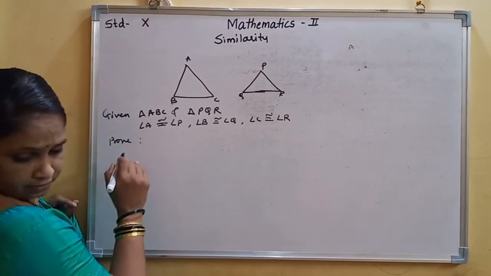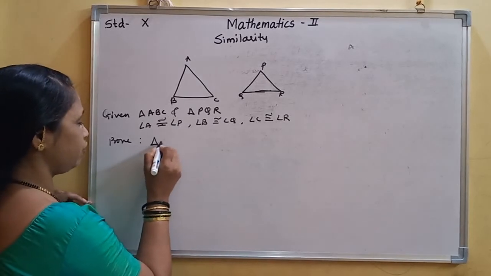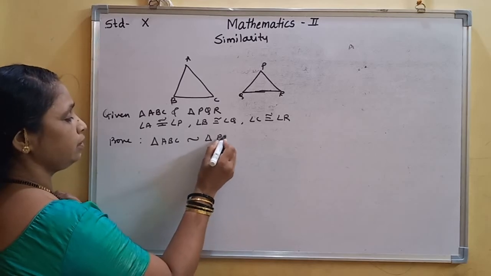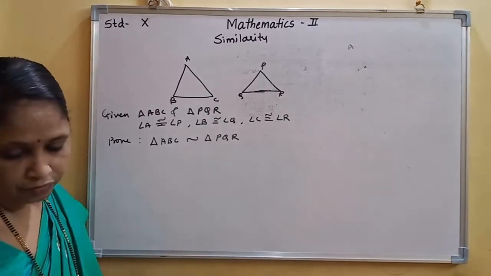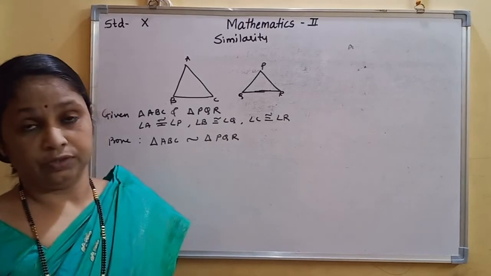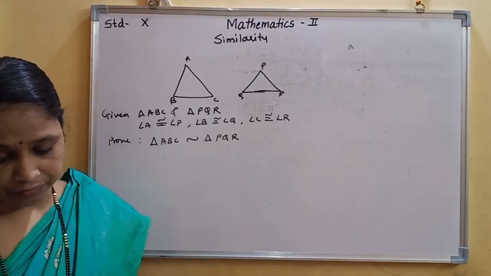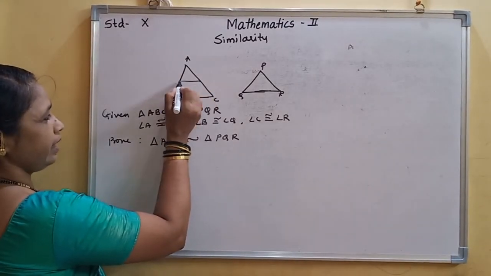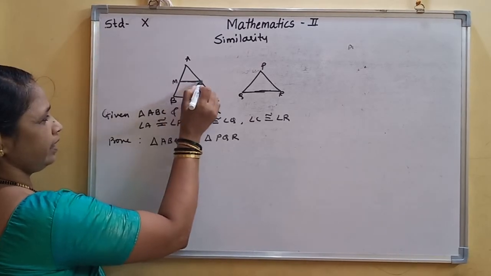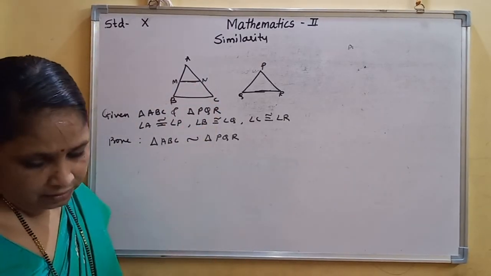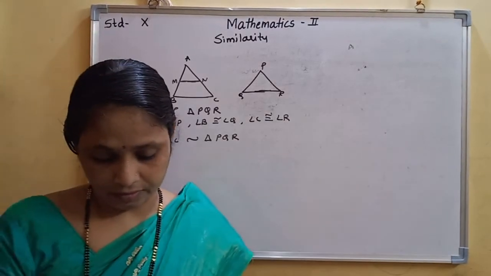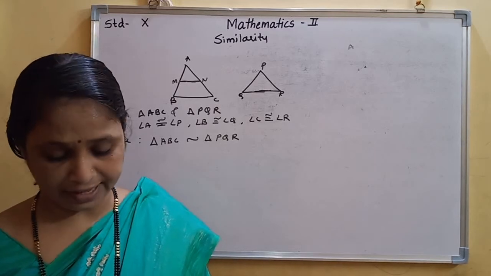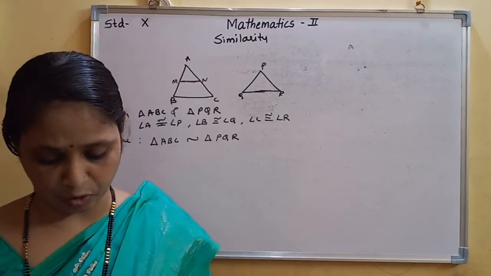And what we have to prove? To prove: triangle ABC is similar to triangle PQR. For that, what should we do? To show these triangles are similar, we will assume triangle ABC as the bigger triangle and triangle PQR as the smaller triangle.